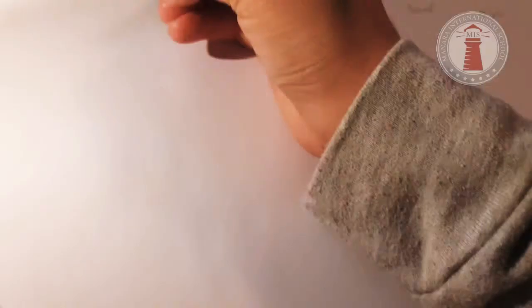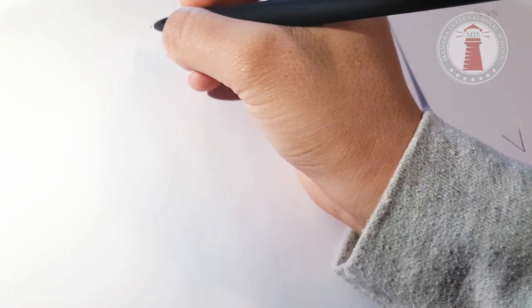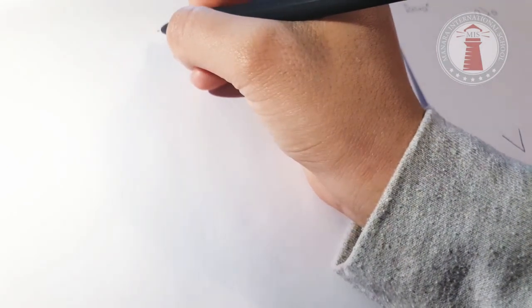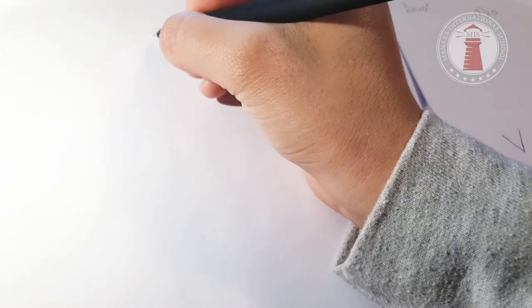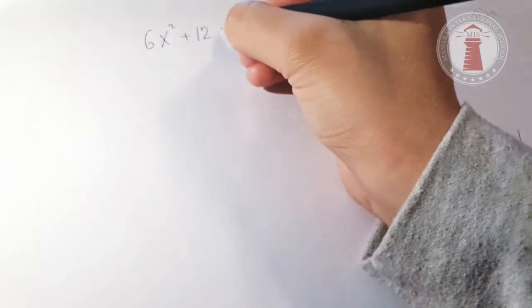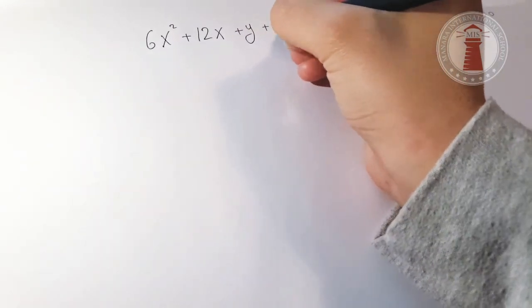Okay, number 10, which says 6x squared plus 12x plus y plus 13 equals 0.